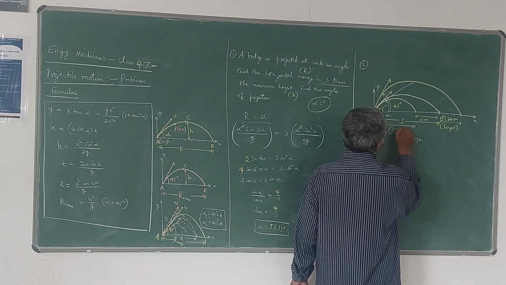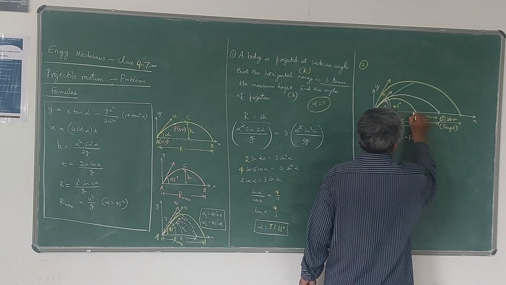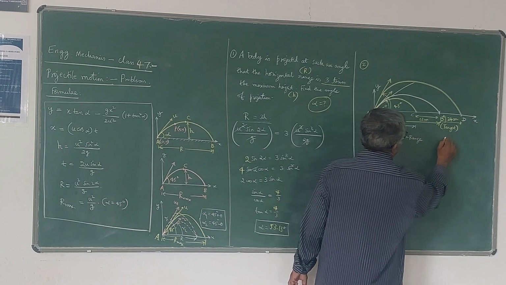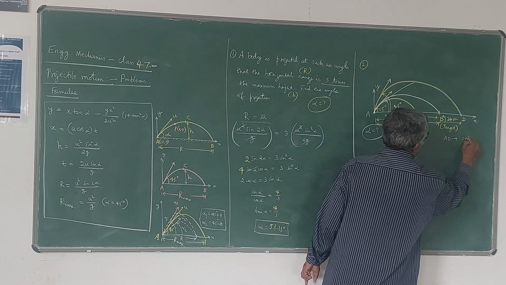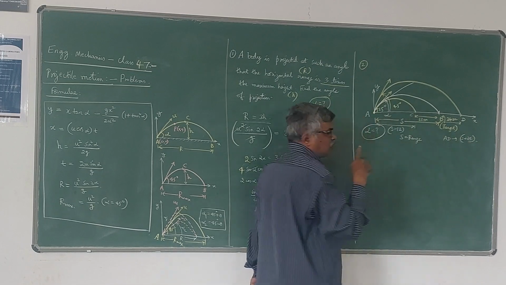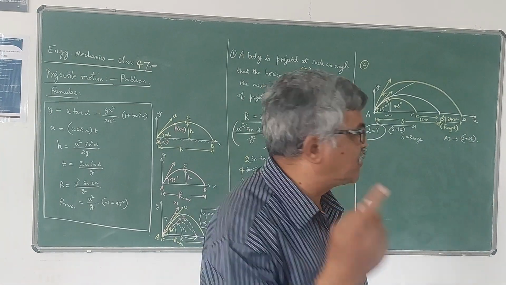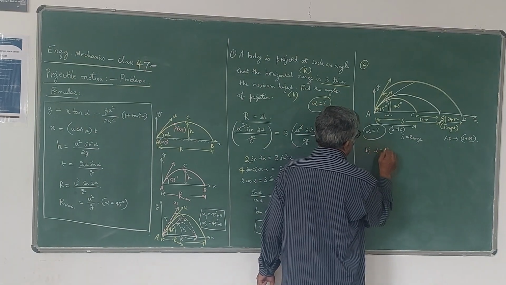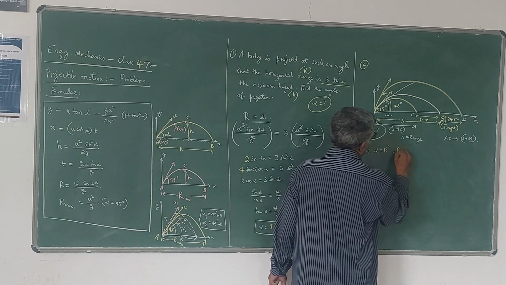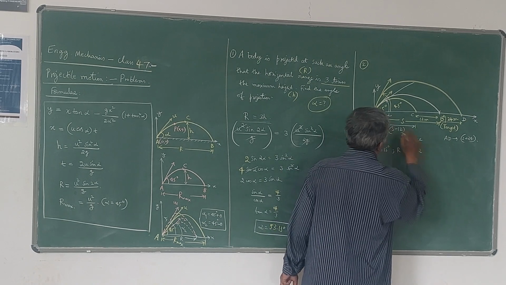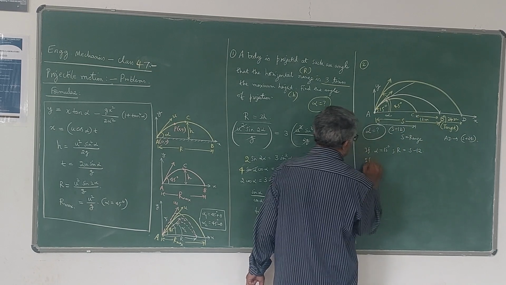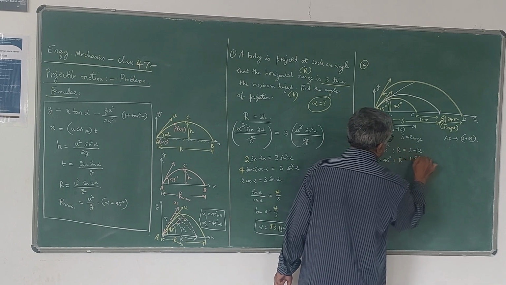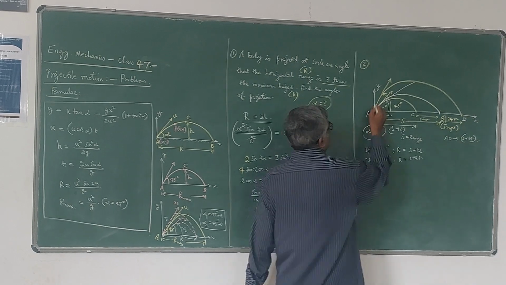Let us say this is C and D, so AC becomes S minus 12, whereas AD becomes S plus 24. So you know two values of range and two values of angle of projection. If alpha is equal to 15 degrees, then R is equal to S minus 12. If alpha is equal to 45 degrees, R is equal to S plus 24.